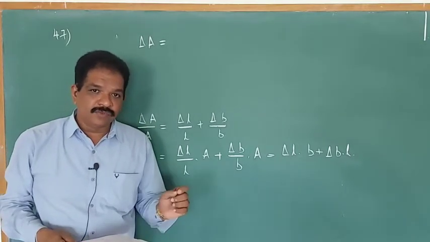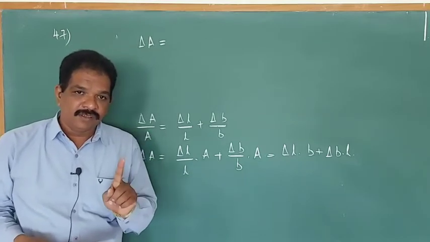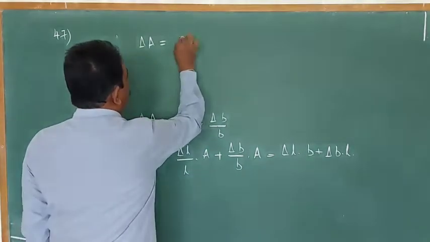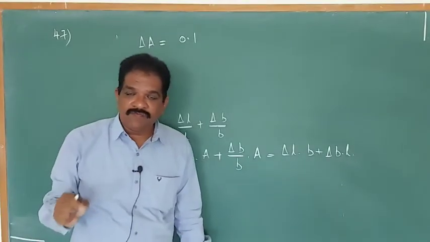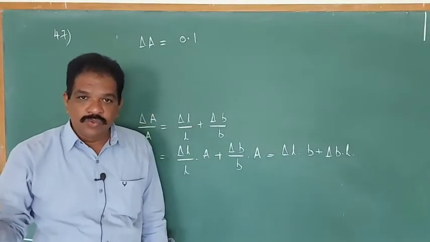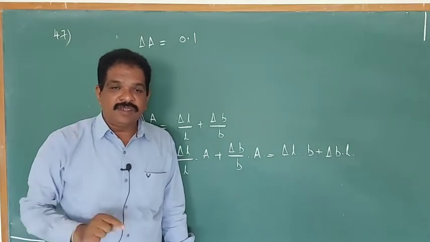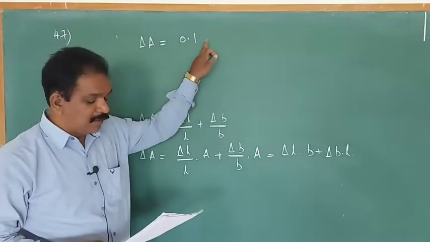16.2, right? After the decimal point, 1 digit will be there, so the error will be 0.1. In 16.2, after the decimal point there is 1 digit, meaning it is measuring only 1 digit after the decimal point, so the error will be 0.1.